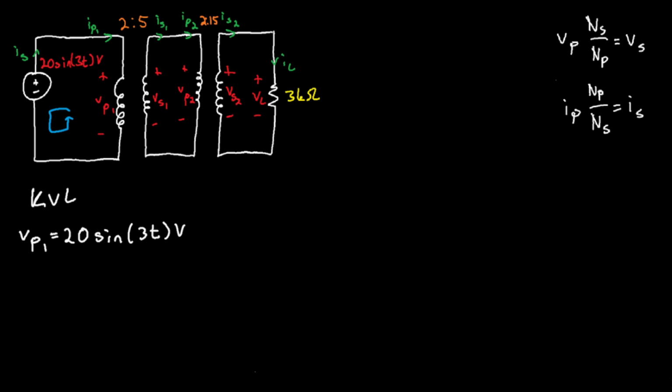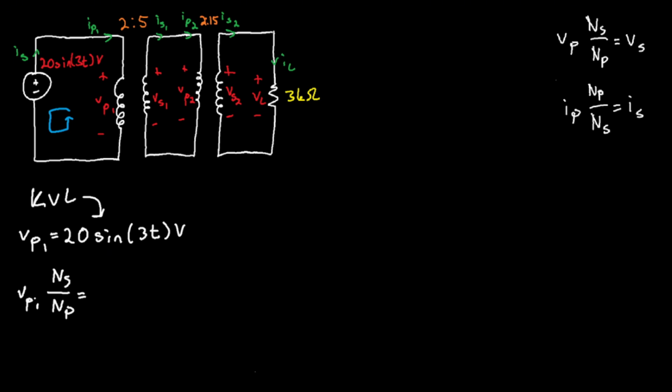That's going to happen when you work on capacitors and inductors. But let's focus on the topic. KVL gives you that VP of 1 is equal to 20 sine of 3t volts. So VS, we need to solve for that. VP of 1 times N of S over N of P is equal to VS of 1, correct?